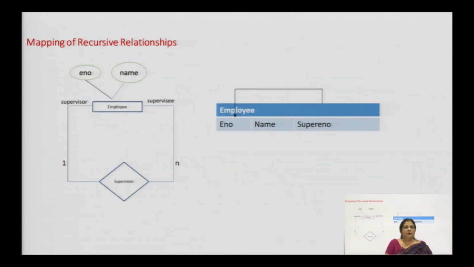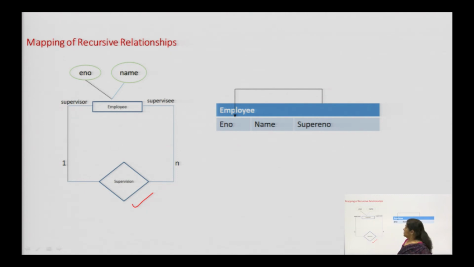Next, if you remember what recursive relationships were, a recursive relationship is a relationship between the same entity type. So, we have this recursive relationship supervision, which is a relationship of employee with employee, where the employee is serving two different roles.